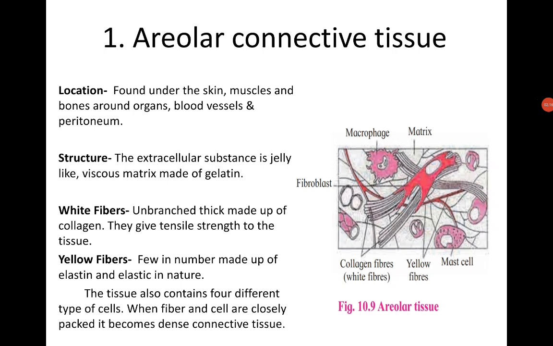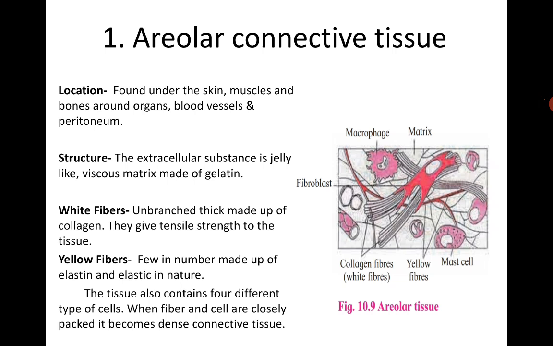In the structure of areolar connective tissue, two major fibers are seen in the figure: white fiber and yellow fiber. White fiber is branched, thick, and made up of collagen, which gives tensile strength to the tissue.